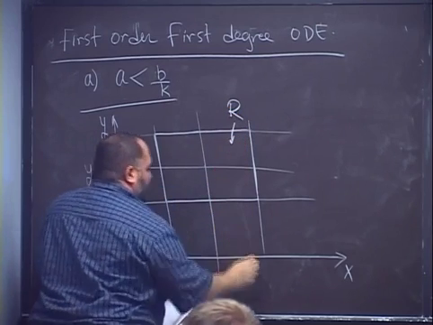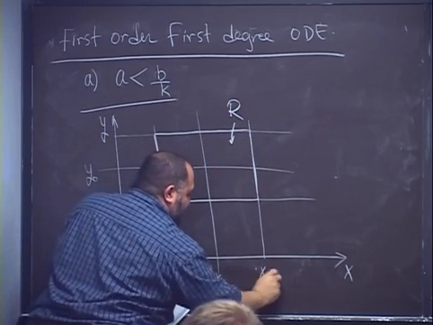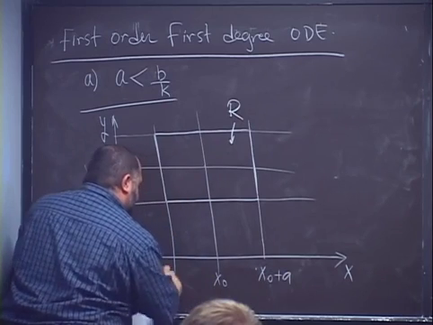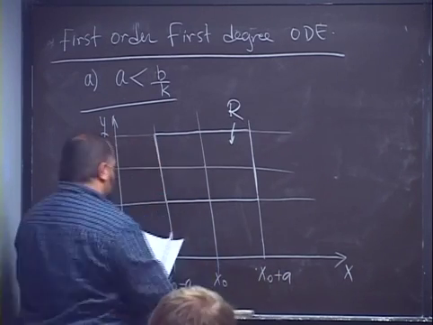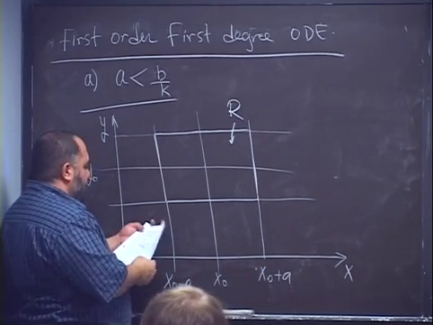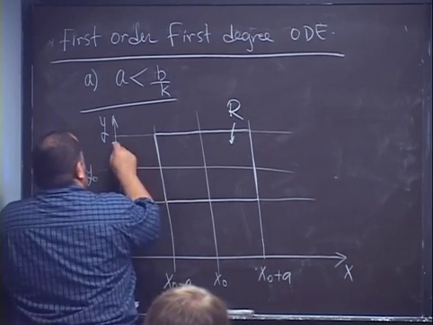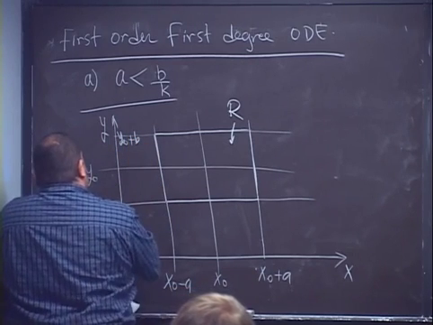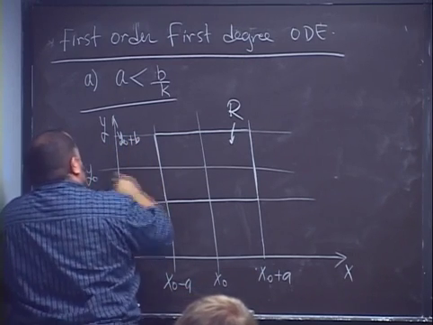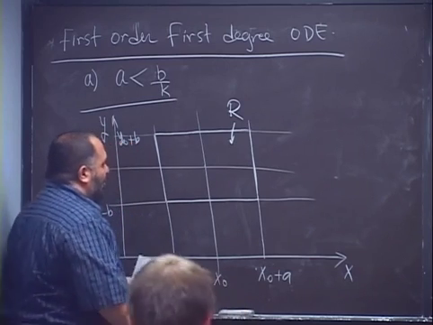So this is the region R, and this is x naught plus a, and this is x naught minus a. These are the a borders here, and then this is y naught plus b, and this is y naught minus b. These are the borders for your y direction.